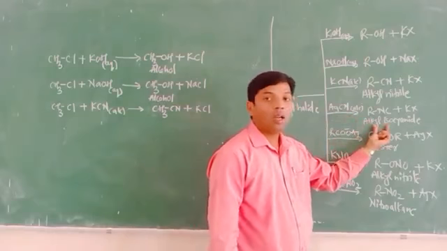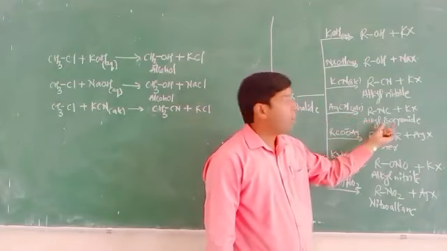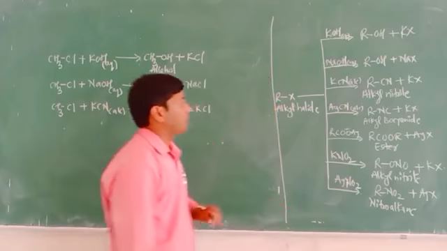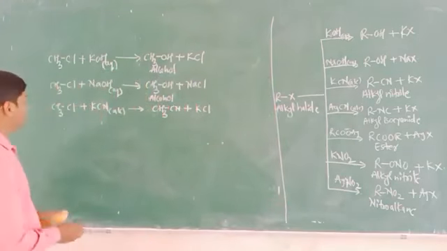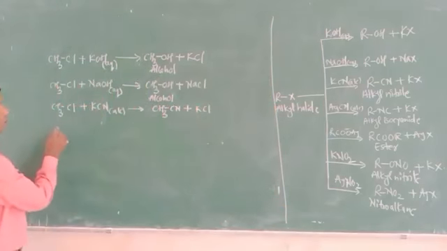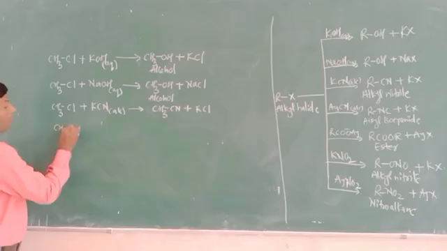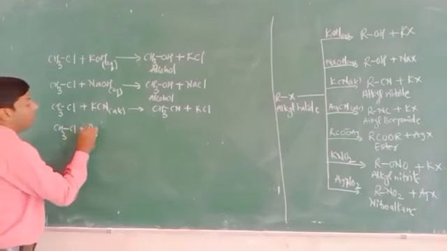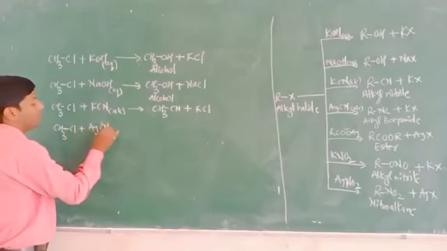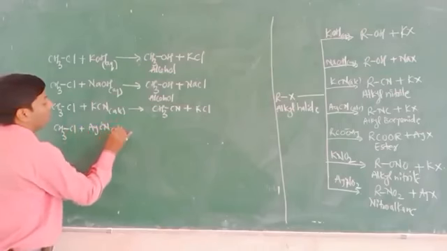Well, the next reaction is when an alkyl halide is treated with alcoholic silver cyanide, alcoholic AgCN. It gives alkyl isocyanide as a product by elimination of AgX. So here I write R also as CH3 and the halogen as Cl. It is treated with AgCN, silver cyanide, in alcoholic form.